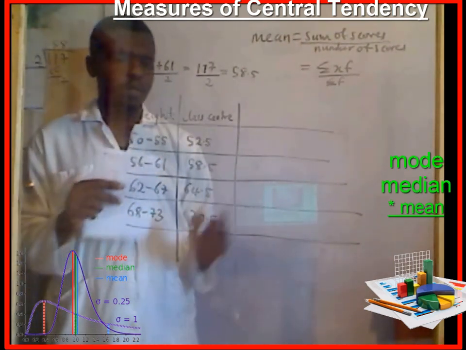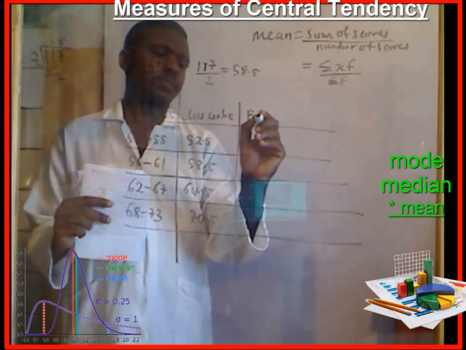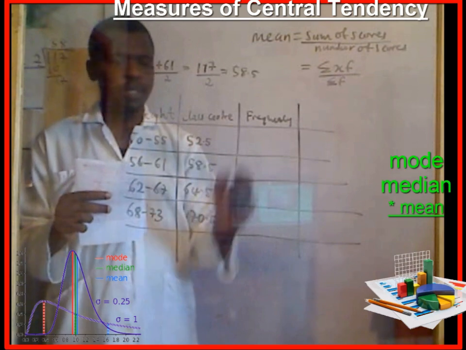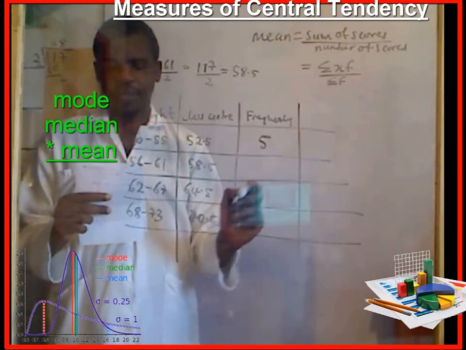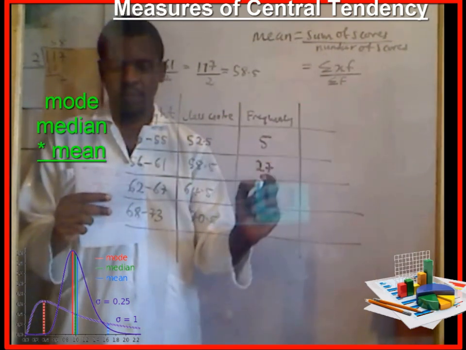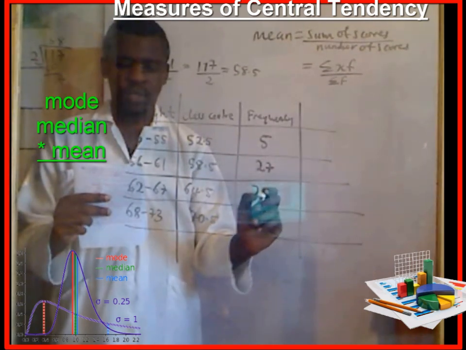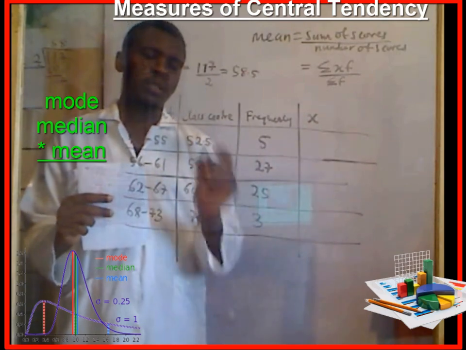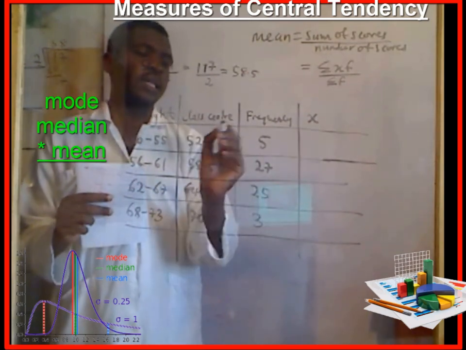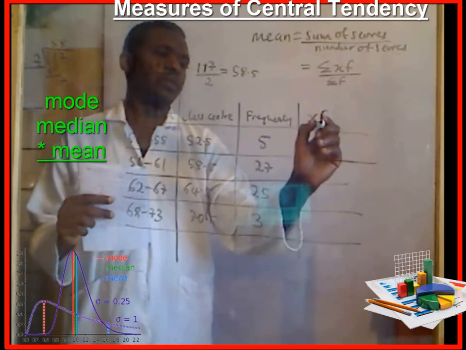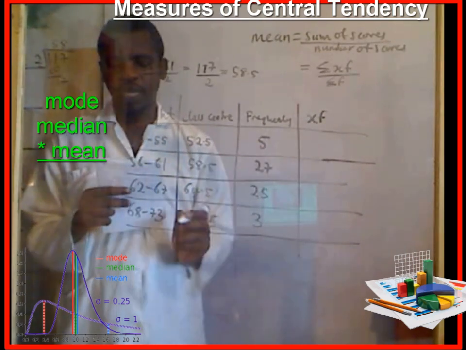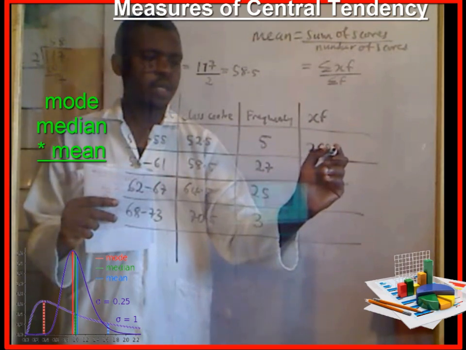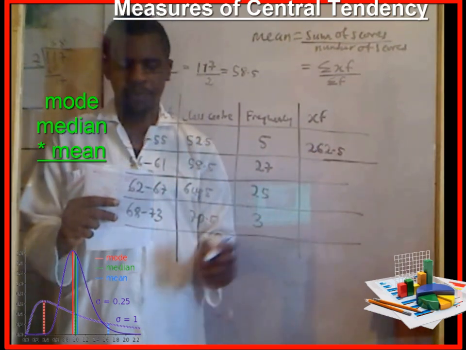And now write out the frequencies. Frequency, copy out the frequencies. So this occurs 5 times. 27 times, 25 times, and 3 times. So I need another column for the product between the class center and the frequency. So when I multiply this, it gives me 262.5.